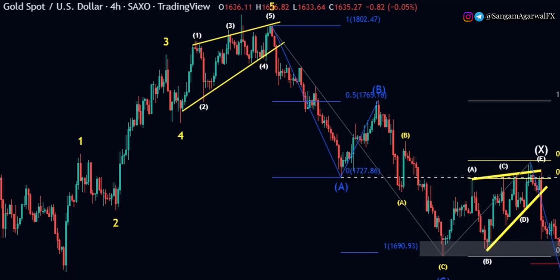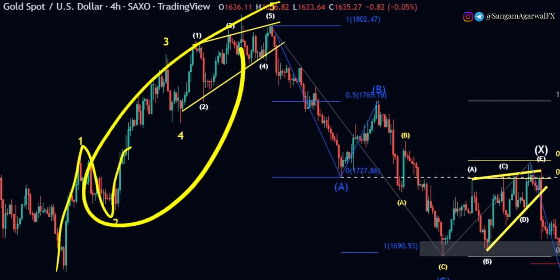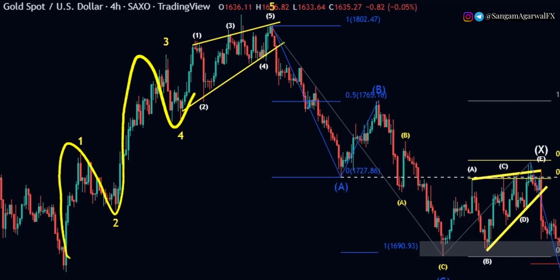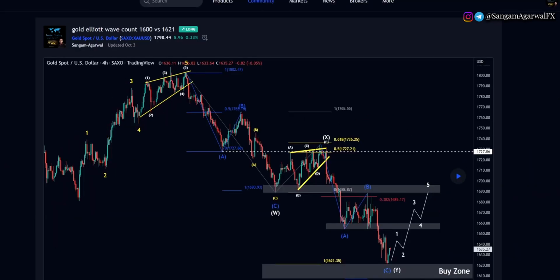But for a beginner trader all of these numbers are 1 2 3 4 5 and they are confusing, that here you have a gap between the first and fourth wave and here there is no gap. That is the confusing part, and you have to understand that these are the impulsive wave pattern and this is your ending diagonal chart pattern.